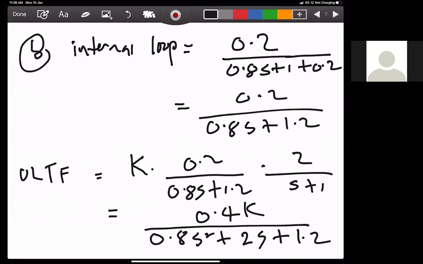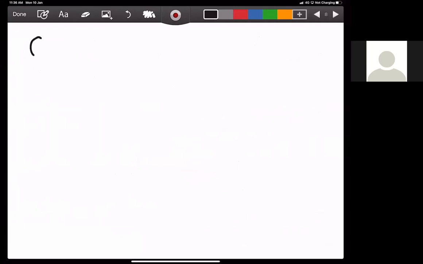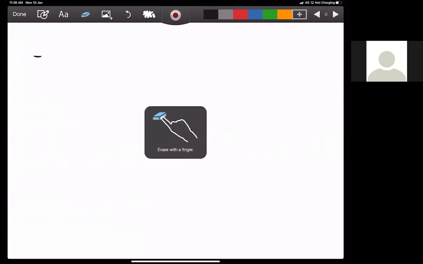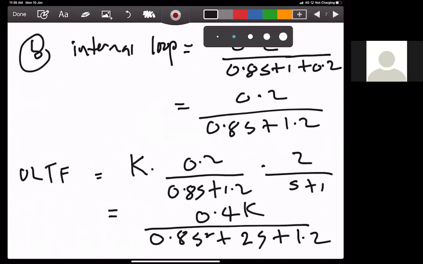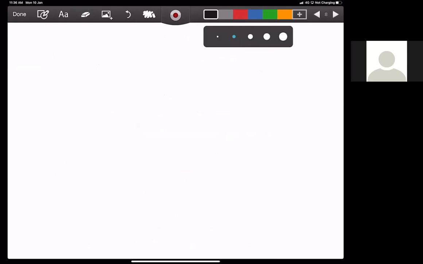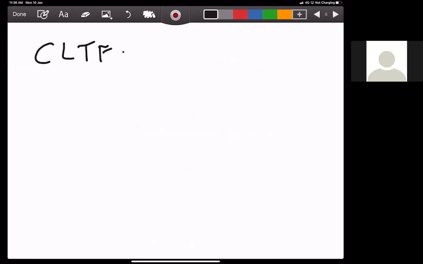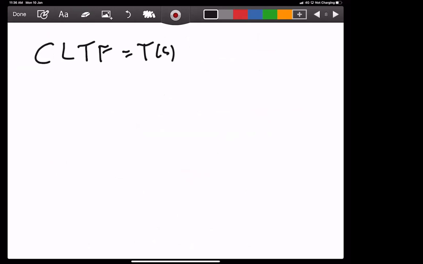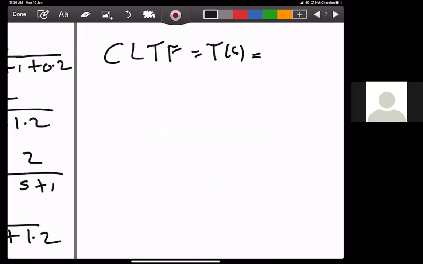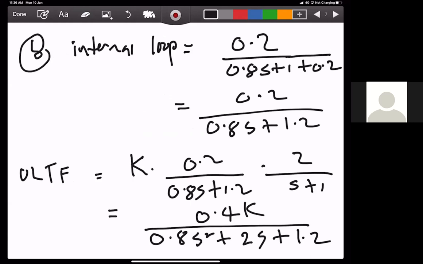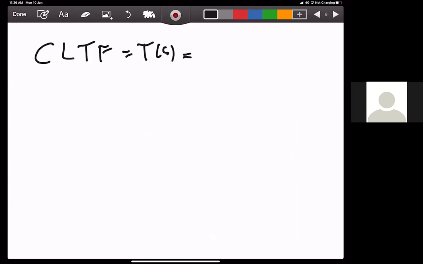Right. And then the characteristic equation. This one is open loop, right? So the closed loop. Herman? Yes, Prof. Closed loop. Look again. 0.8s square plus 2s.